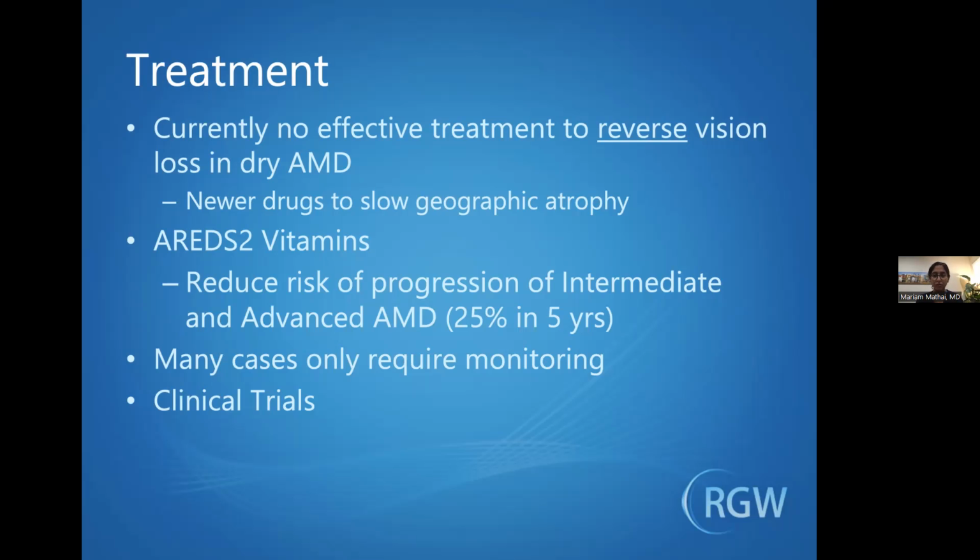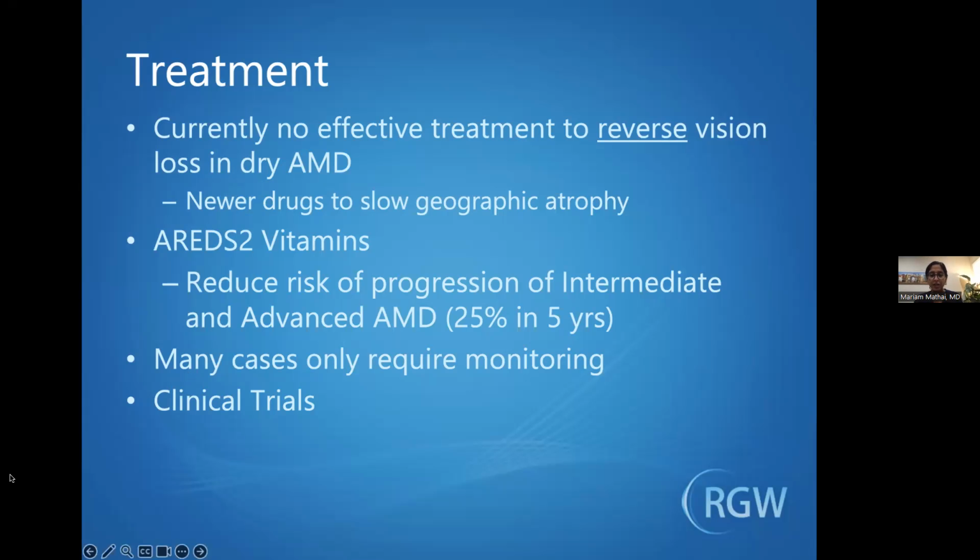However, this formula specifically is the only one that was proven to really slow this risk. So when my patients come in taking other eye vitamins, I strongly recommend them to switch to this. Thankfully, macular degeneration for many people, they really don't need treatment and it only requires routine monitoring. But over time, there may be newer treatments that come here and there.